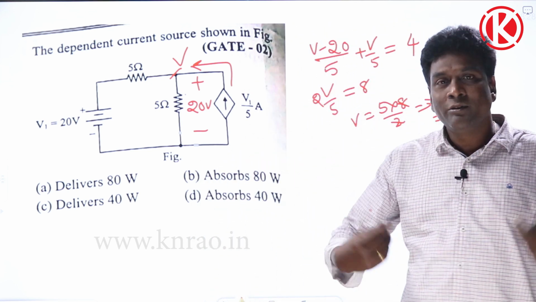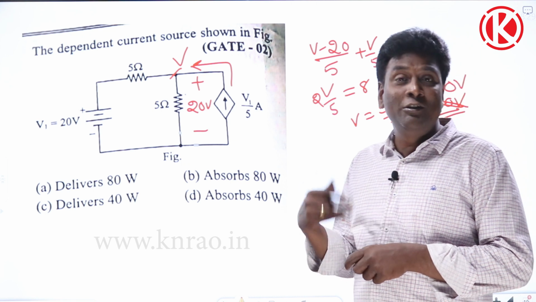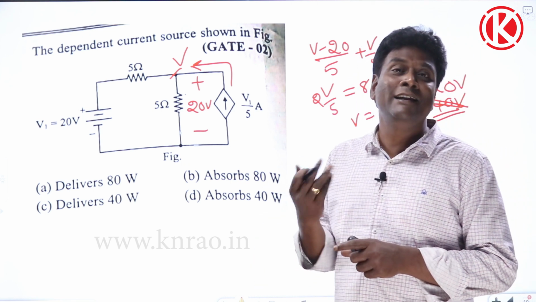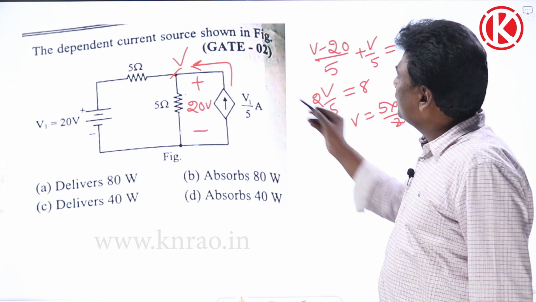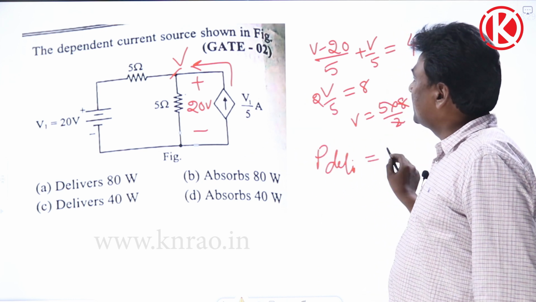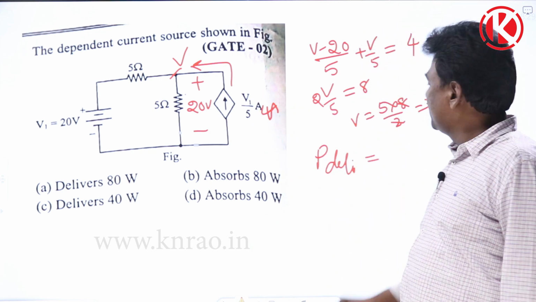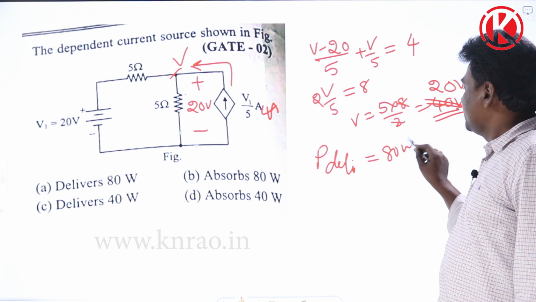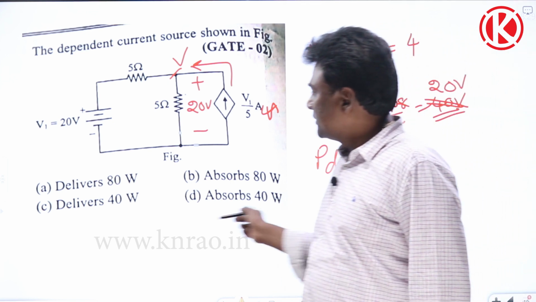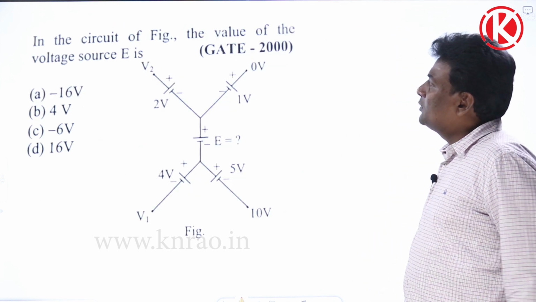Absorbed power is nothing but voltage multiplied by current entering into the positive terminal. Delivered power is nothing but voltage multiplied by current leaving the positive terminal. Now, what is the delivered power? Power delivered equal to voltage multiplied by current. Current already 4 amperes we know. So 20 into 4 is going to be 80 watt delivered power. Delivers 80 watt.